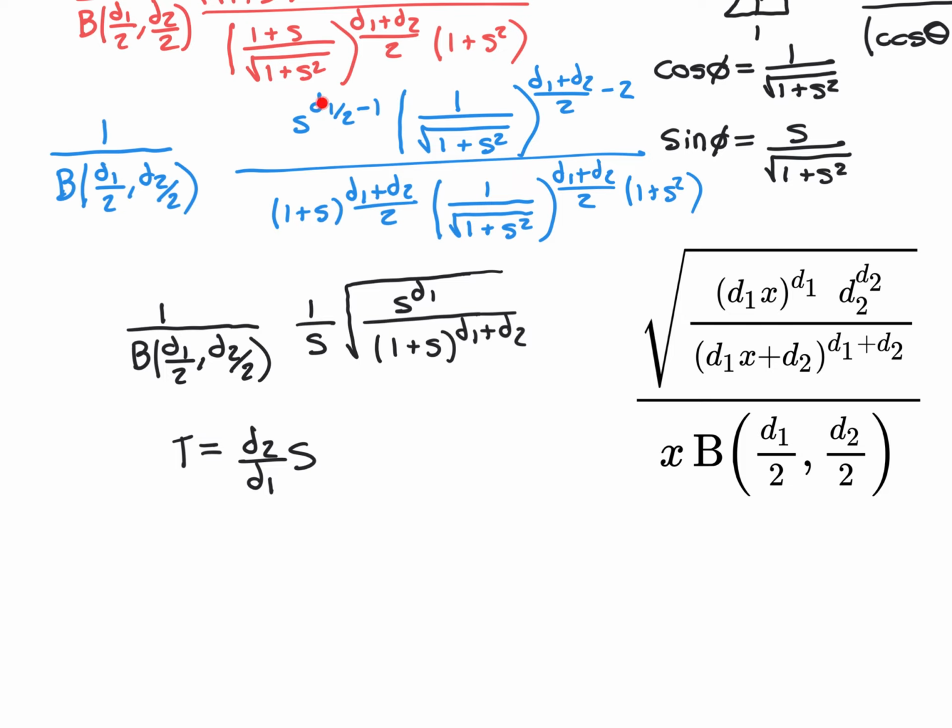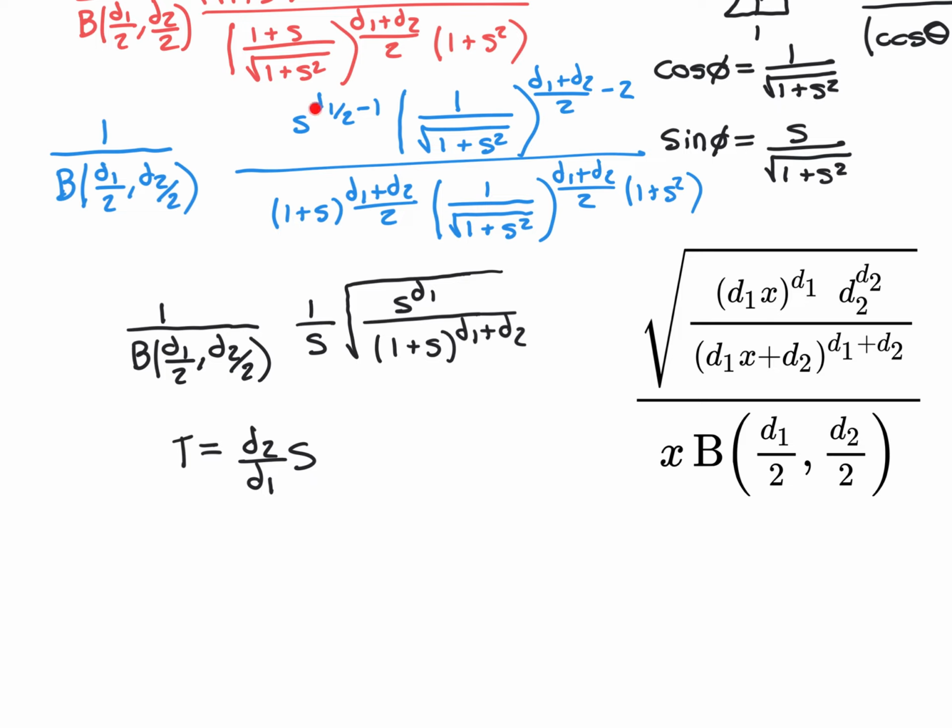And then I've noticed that this thing is s to the power of d1, then to the power of half. You can rewrite it as that. And this is 1 plus s to the power of d1 plus d2, then to the power of a half, because if you raise to an exponent and then raise to another exponent, it's the same as raising to the product of those two exponents. And then I've factored out that to the power of a half to write it like this.